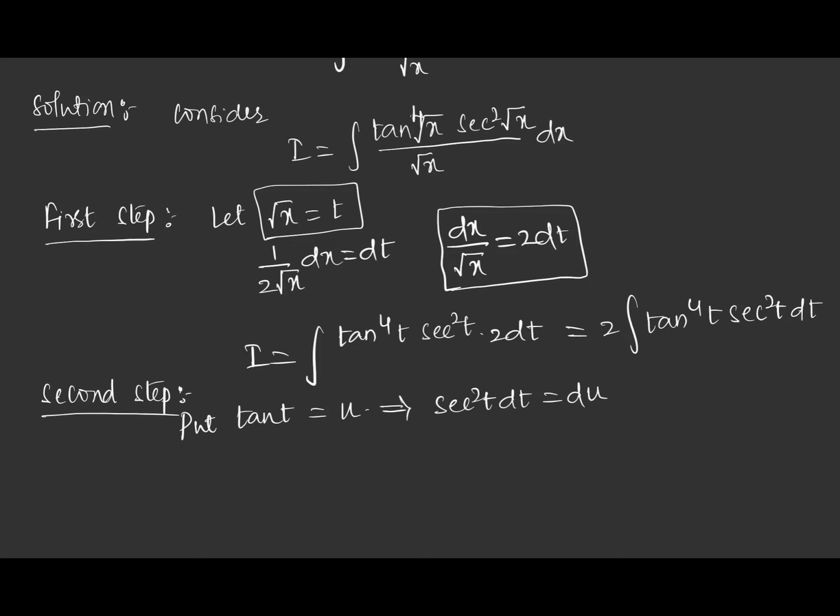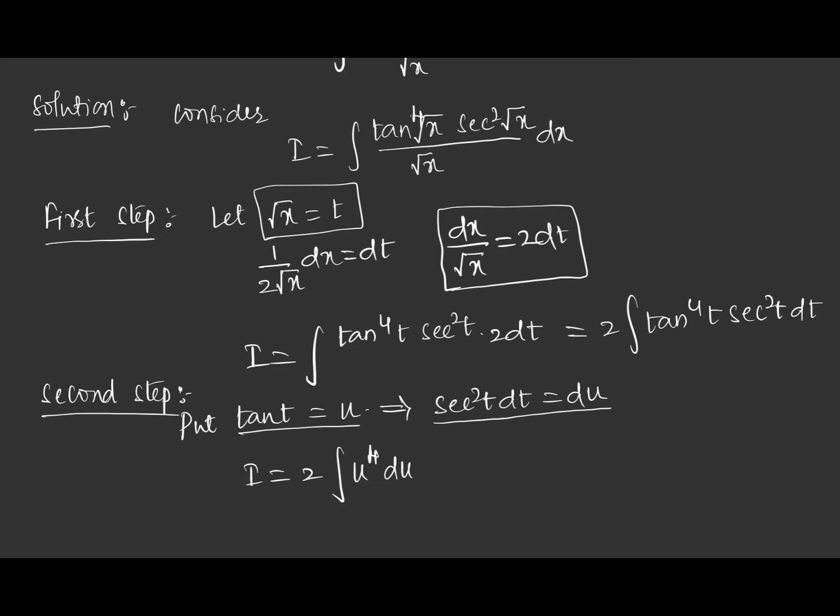So on substituting tan t as u and secant square t into dt as du, we will get I is equal to 2 times integration of tan power 4t is there, tan t is u, so the integral takes the form u power 4 into secant square t into dt is du.